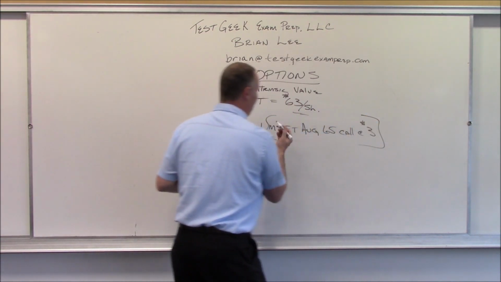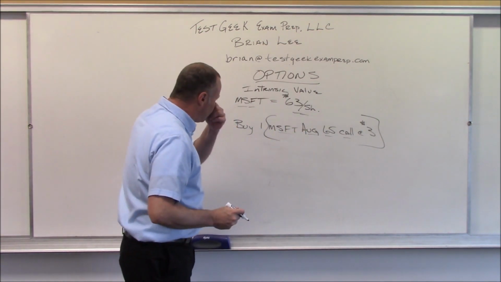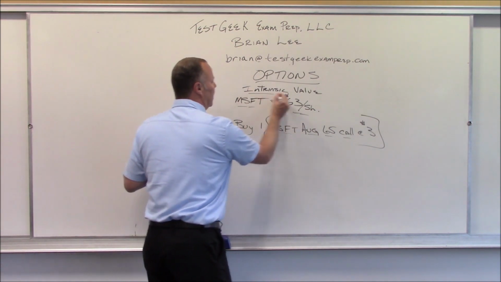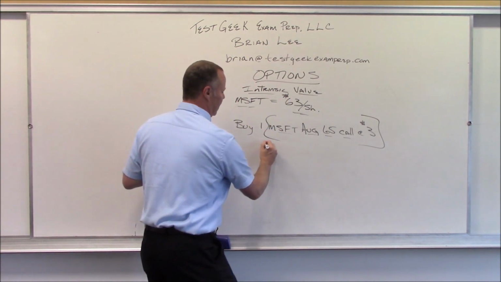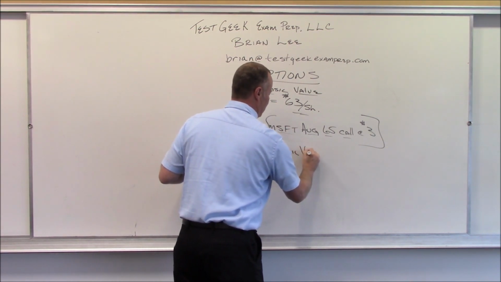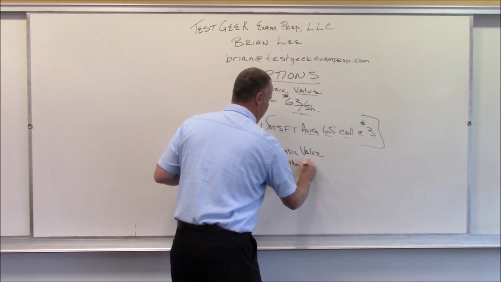We're buying one Microsoft August 65 call. Now, for call options, it is said to be in the money. That's what the traders refer to as intrinsic value, right? In the money.